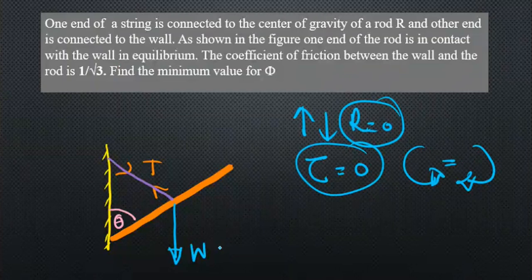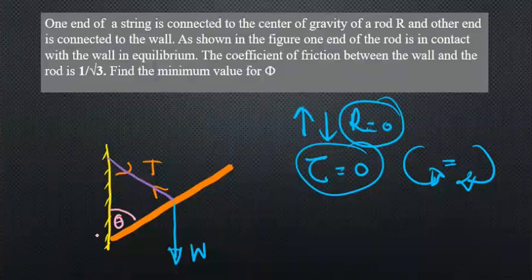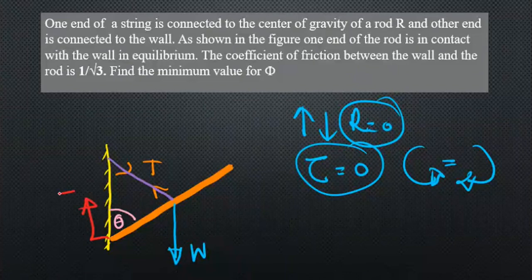So here the basic forces we have are this tension, the weight downwards, and the frictional force that is acting upwards here, F. So F equals mu R, right? So let's look at the equations we need here.